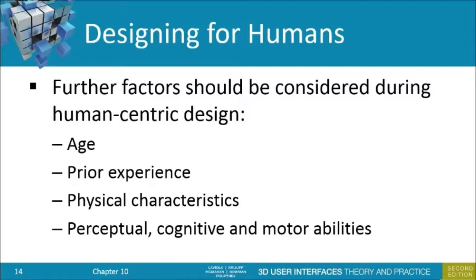And lastly, perceptual, cognitive, and motor abilities. Perceptual abilities here means the perception they have when they use the system. For example, their color perception, how contrasting it is, how visible it is, how the coloring in the environment is, how the sound is. Next is cognition, where the system uses recall and recognition.